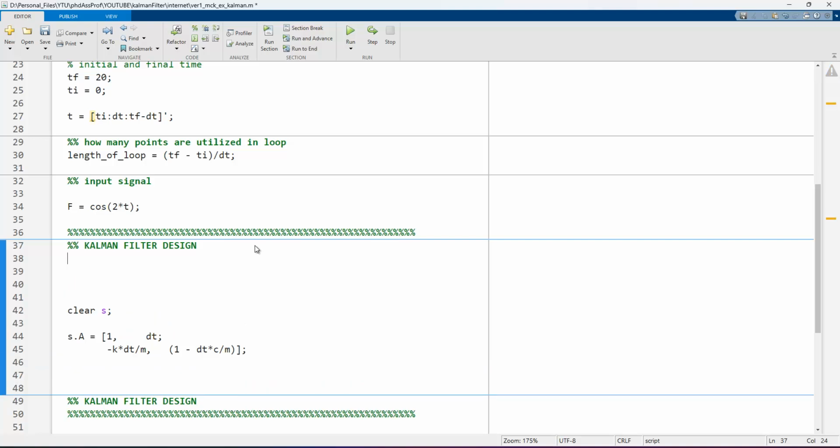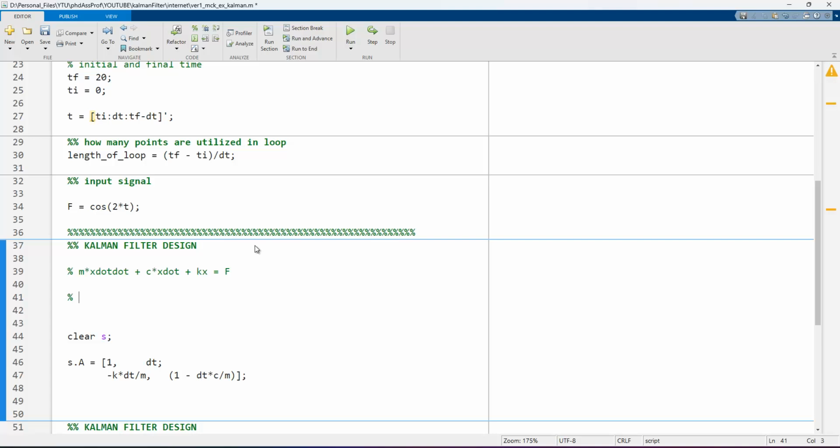Just remember that we have M times x double dot plus C times x dot plus Kx is equal to F. In the state space form, we can define this as z dot is equal to A times z plus B times F.